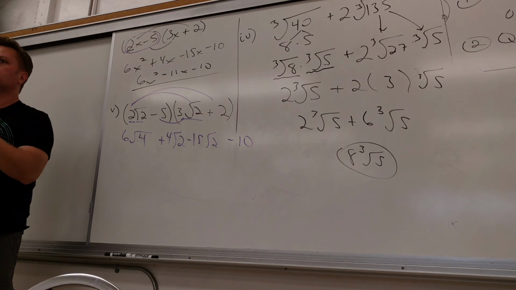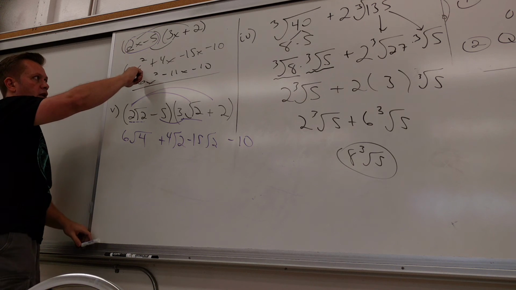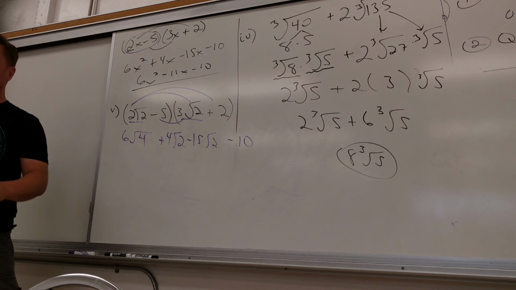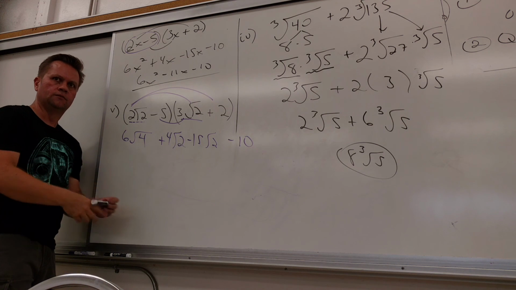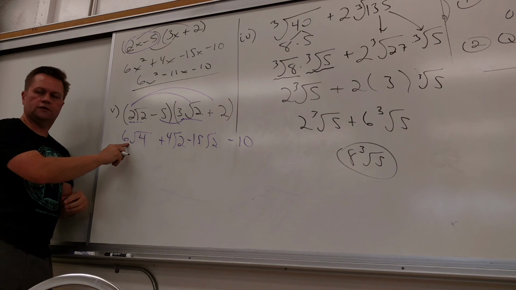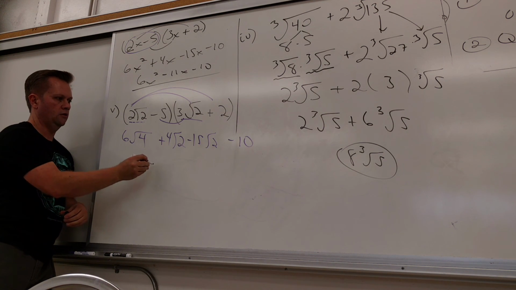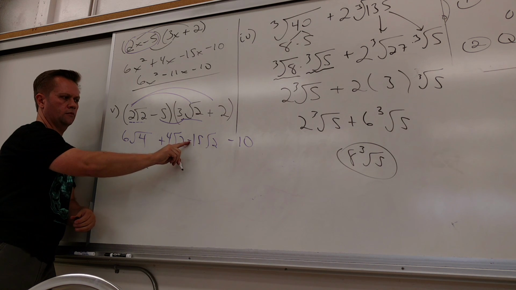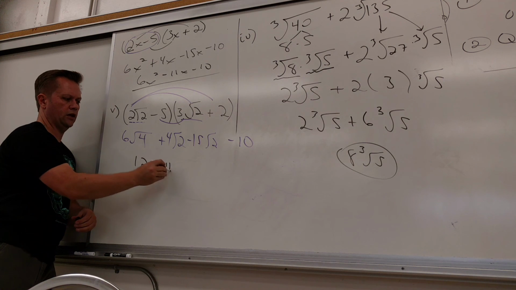And now you can simplify. Now I can do a little bit more than I could here, because it's not really unknown. It's a number. And sure enough, the square root of 4 is 2 times 6, 12. What do I get here? Minus 11 square root of 2.